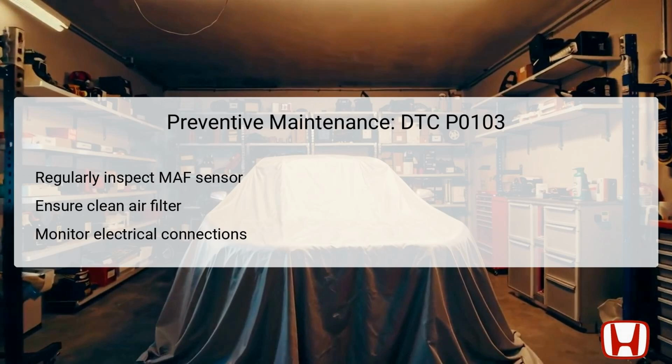Additionally, regularly monitoring electrical connections for looseness or corrosion can avert issues related to high voltage signals and intermittent failures. By implementing these maintenance strategies, you can help to ensure the longevity and reliability of your Honda Civic's engine management system.